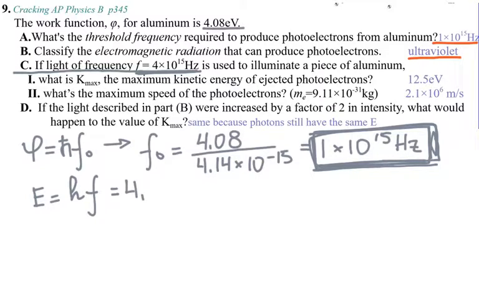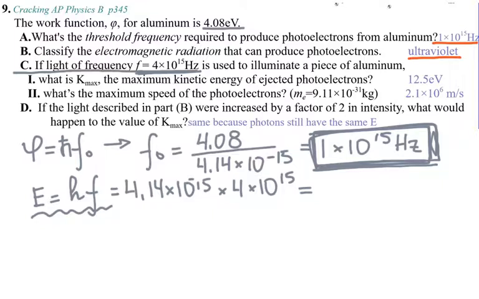So 4.14 times 10 to the negative 15 for Planck's constant, times 4 times 10 to the 15 hertz, and that is equal to the energy of the photons that are incoming, and that energy is going to be spread between two things.